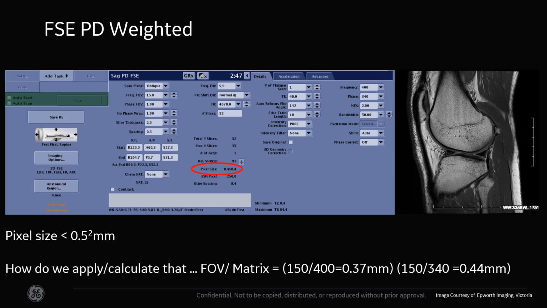However, if you need to calculate it, it's a simple calculation of the field of view divided by the frequency matrix and the field of view divided by the phase matrix. Now, in proton density imaging, as we're collecting the signal from both water and fat molecules, these sequences have inherently high signal to noise, so we're able to achieve a smaller pixel size than we would on other sequences. In this example, we are 0.37 by 0.44.